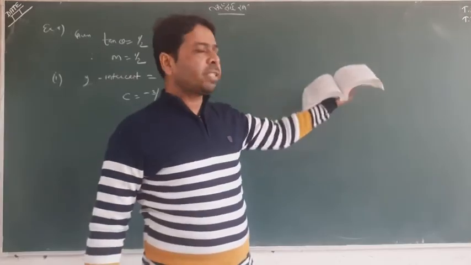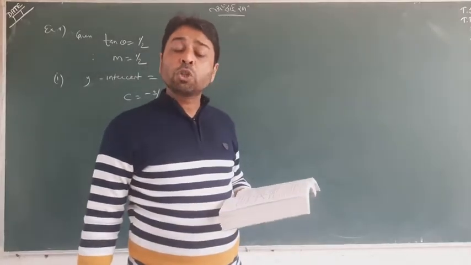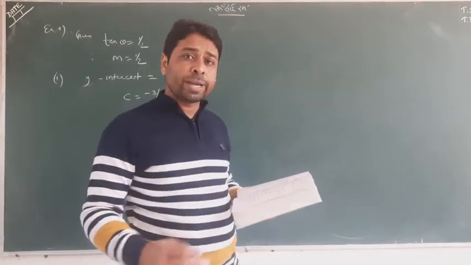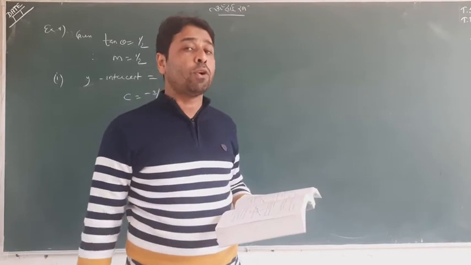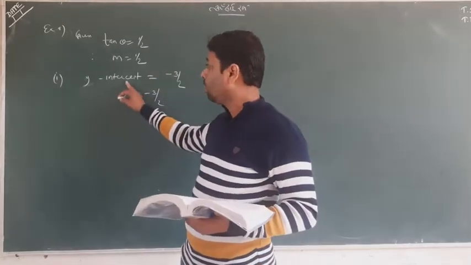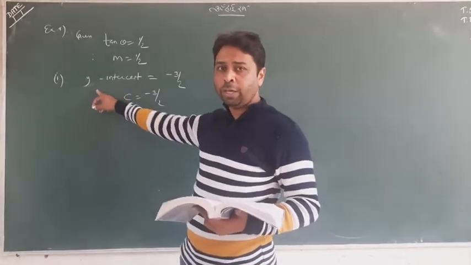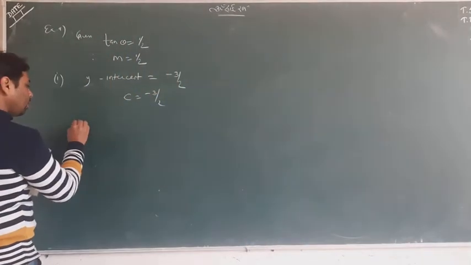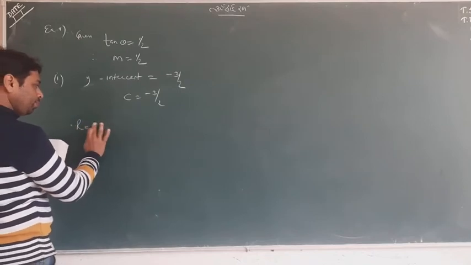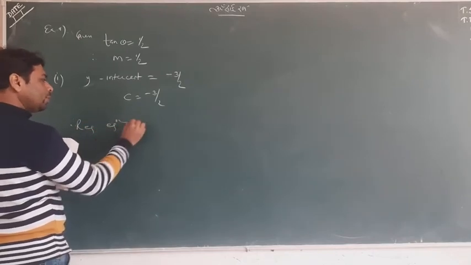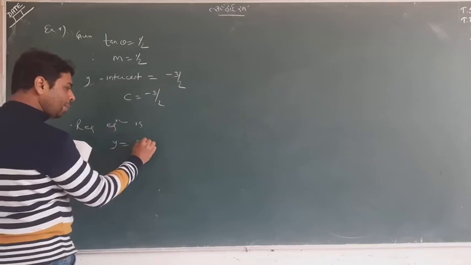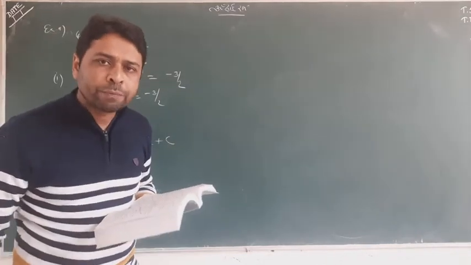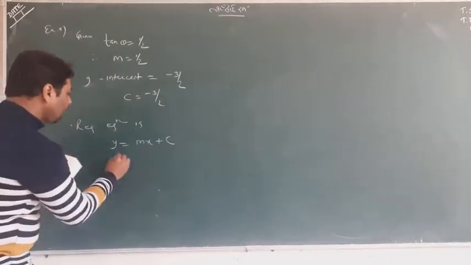I made you write in that section that when the slope is given, with the intercept on the x-axis and the intercept on the y-axis, for both we have different formulas. So this is the intercept on the y-axis, c is given as -3/2. So the required equation is y equal to mx plus c. Please recall your knowledge. This is called the slope-intercept form, where the slope and intercept are given. So y equal to m.